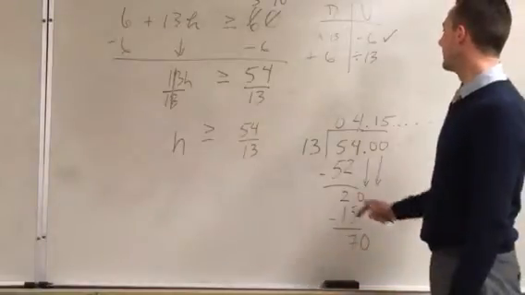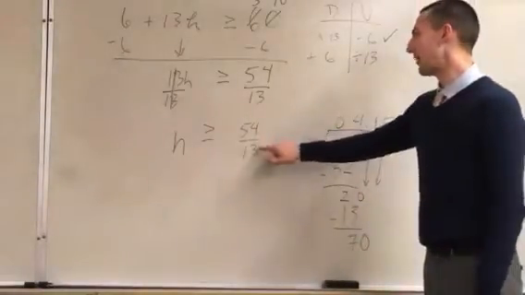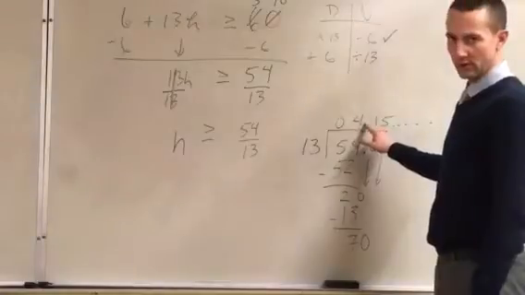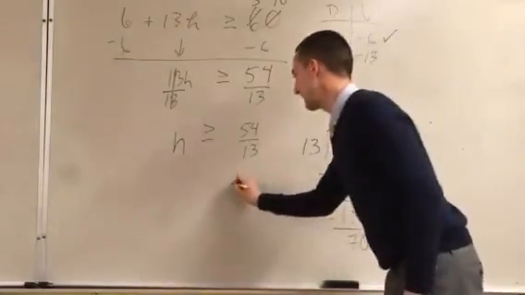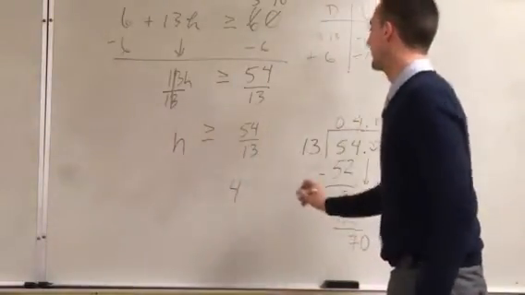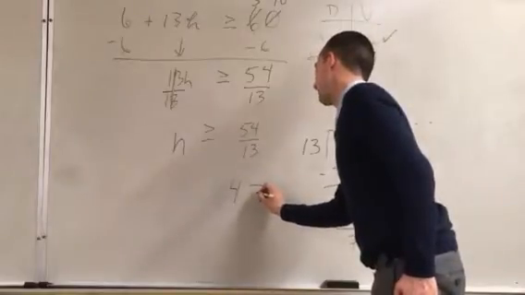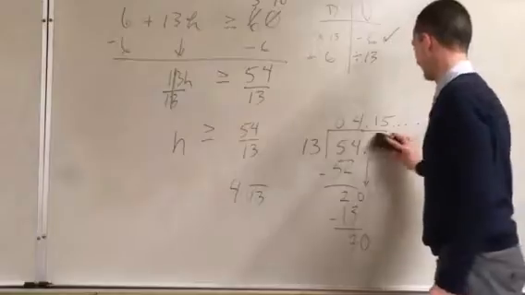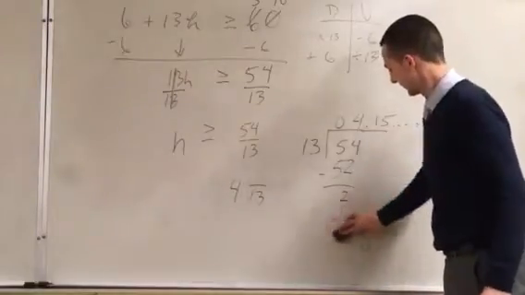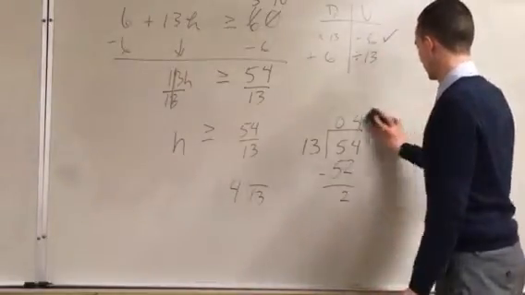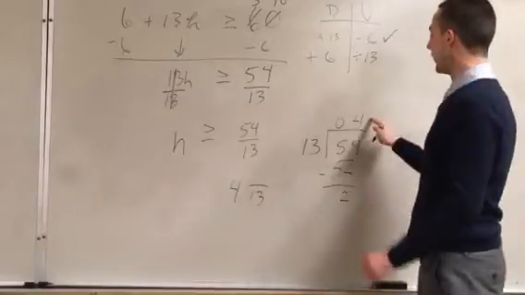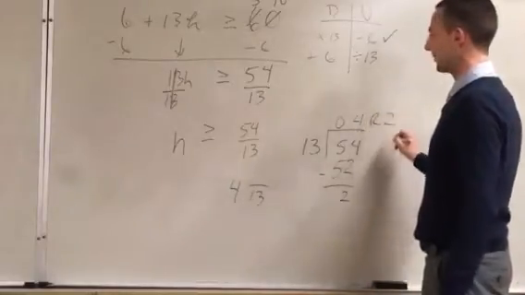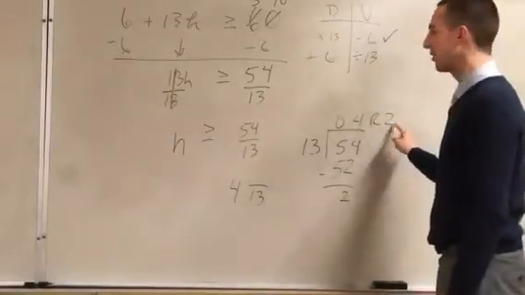So you see that 52 out of 13 gives us the 4 mixed number, 4, and something left over from 13. Let's look at that. So this is 4 remainder 2, and we take that remainder to make our mixed number.